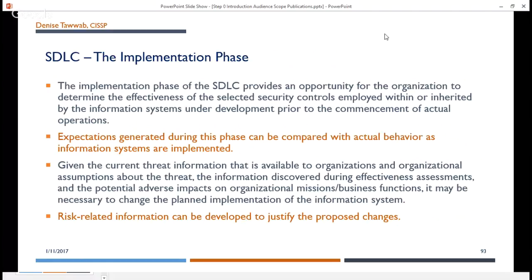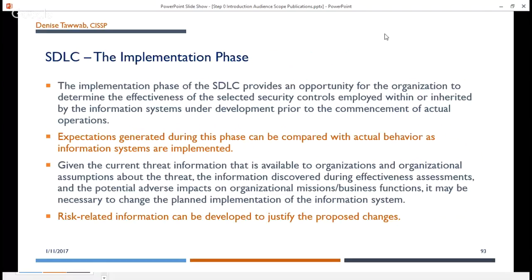Expectations generated during this phase can be compared with actual behavior as the information systems are implemented. Given the current threat information that is available to the business and organizational assumptions about the threat, the information discovered during effectiveness assessments, and the potential adverse impacts on the organization, it may be necessary to change the planned implementation of the information system.